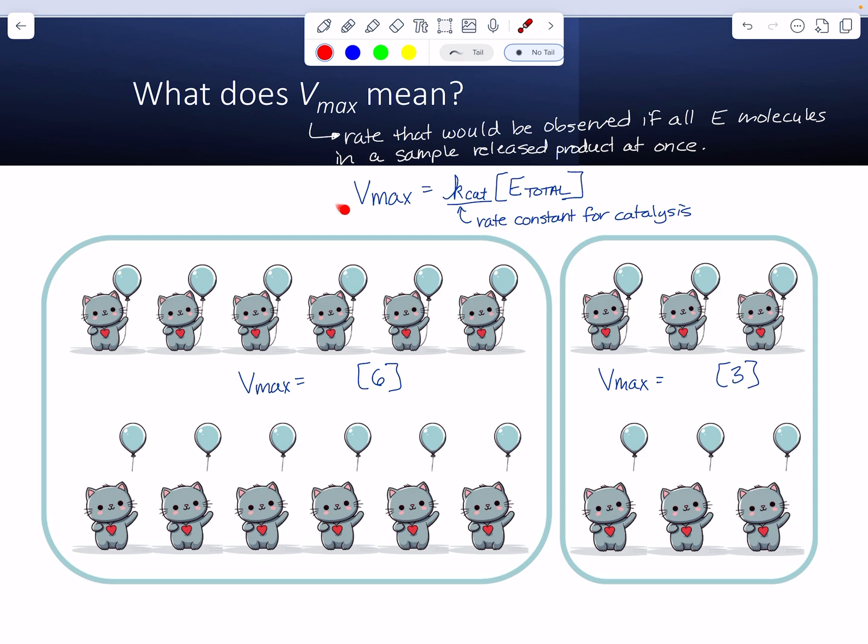So Vmax is the product formation that you see. It's going to be related to how much enzyme's there and how fast each enzyme can do its job. What I like to say is, how good is the enzyme at doing the chemistry?